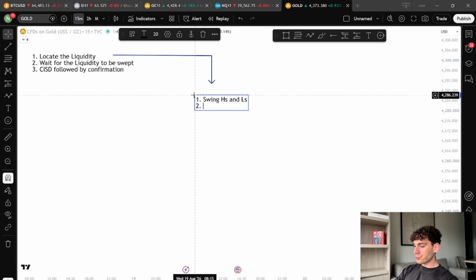Number two is going to be equal highs and equal lows. Number three is going to be relatively equal highs and lows. Number four is going to be trend line liquidity.